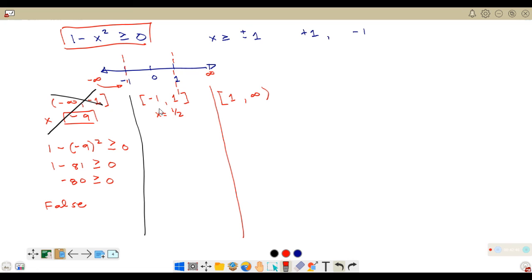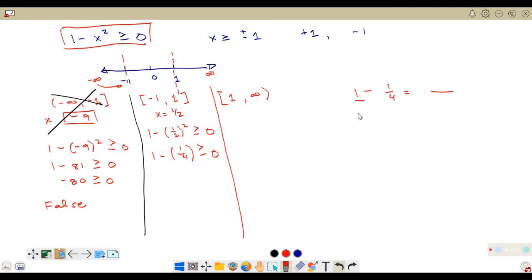Okay? Kasi between siya ng negative 1 and 1. We have 1 minus 1/2 squared is greater than or equal to 0. We have 1 minus 1/2 times 1/2 is 1/4. Yan. Is greater than or equal to 0. 1 minus 1/4 is ilan ito?